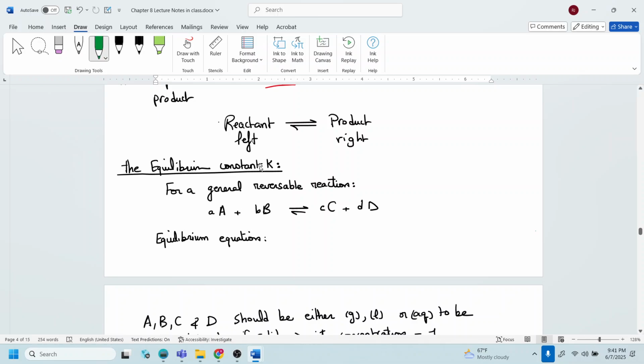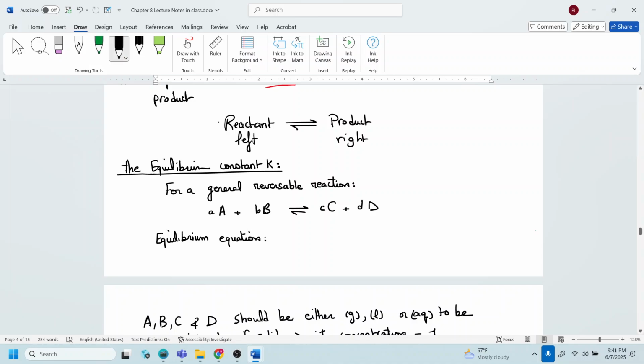First, let's go ahead and start defining the equilibrium constant of the reaction. So the equilibrium constant of the reaction is simply representing the chemical reaction, and it's the relationship between the products versus the reactants.